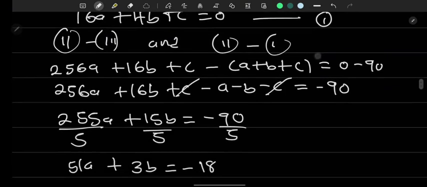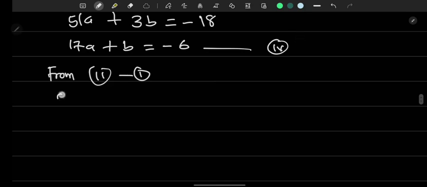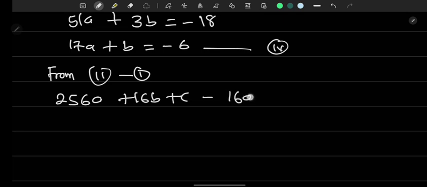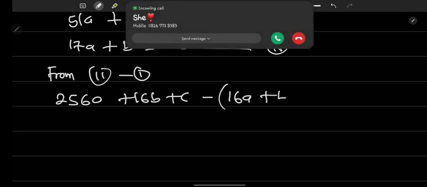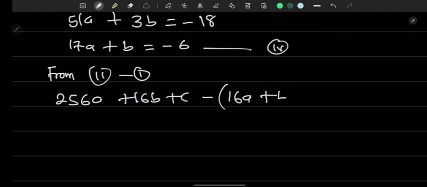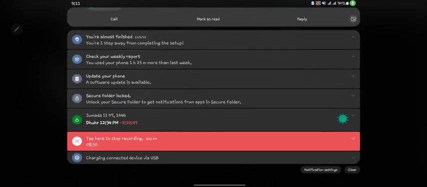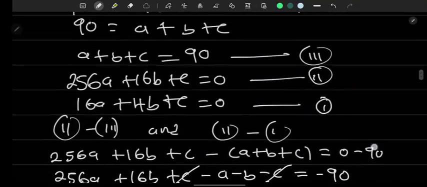Okay, so 2 minus 1, you have 256a plus 16b plus c, then minus 16a plus 4b plus c equals, what do we have there?